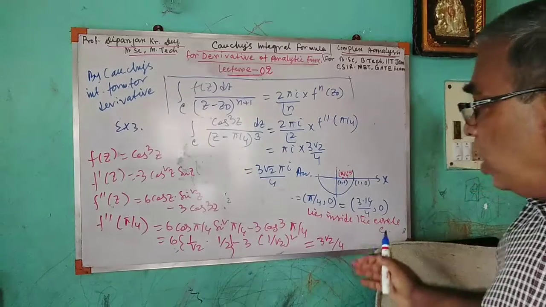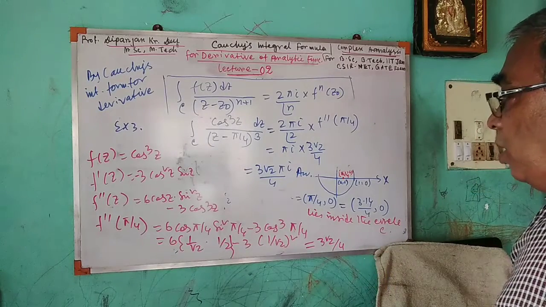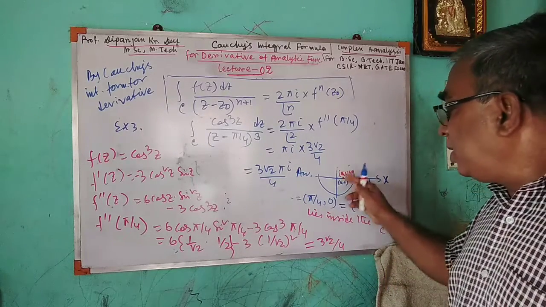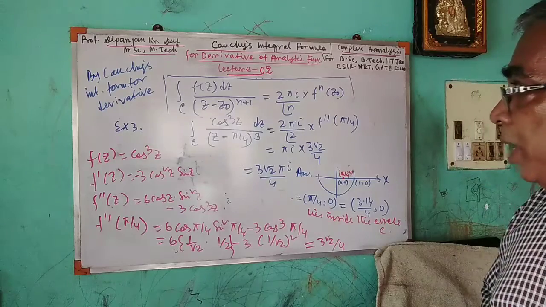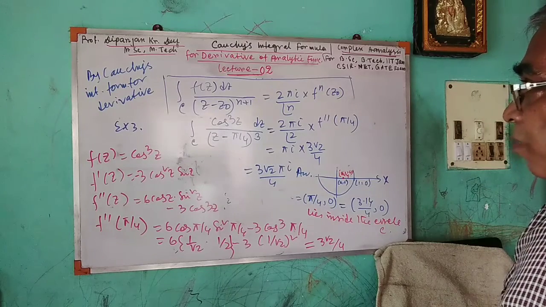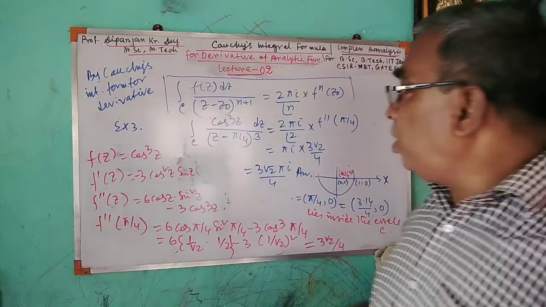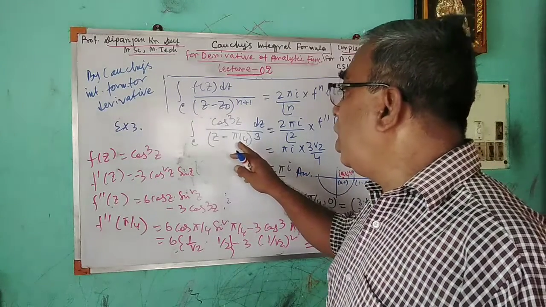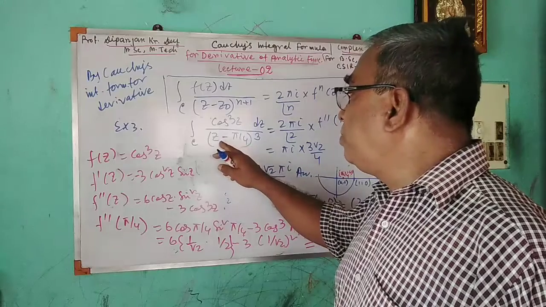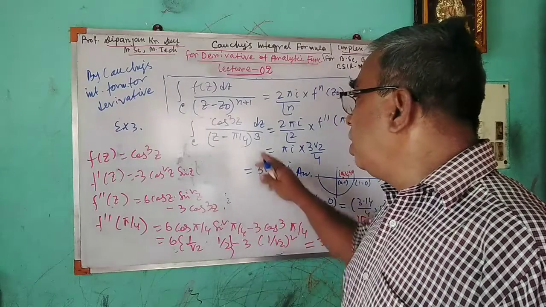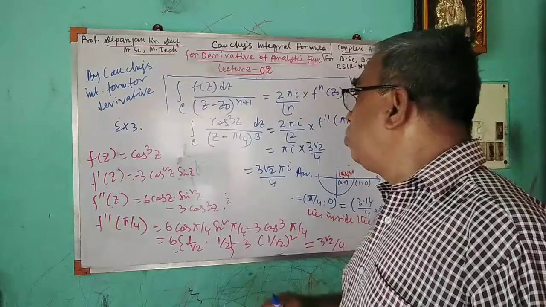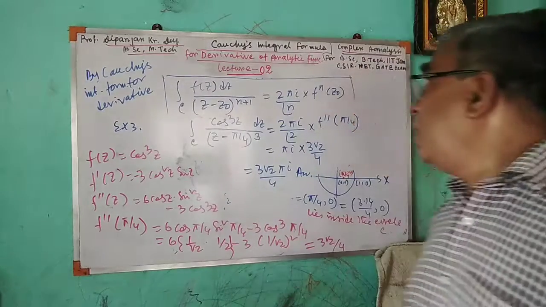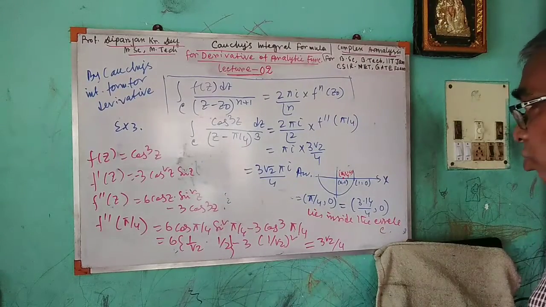If the singular point lies inside the closed curve, then we have to apply Cauchy's integral formula for derivative. Why? Because in the denominator the power of z minus pi by 4 is 2 or more than 2, so we have to apply Cauchy's integral formula for derivative.